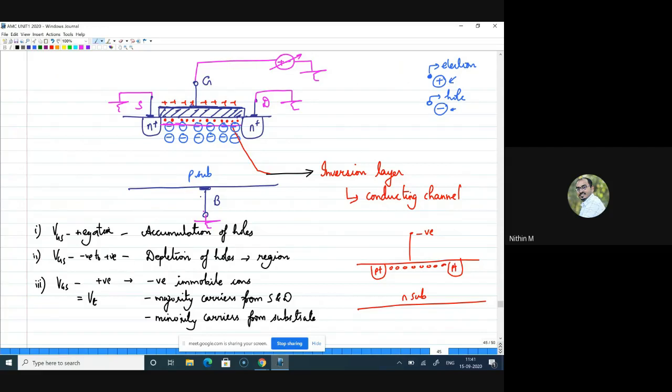And now, as you keep on increasing the voltage at your gate terminal, naturally the positive voltage will attract negative charges, and charges will be coming from both the heavily doped regions and also from the substrate, where we can find a few minority carriers. So that also will be moved towards the region beneath the gate, and you can see that a channel will be formed beneath the gate.